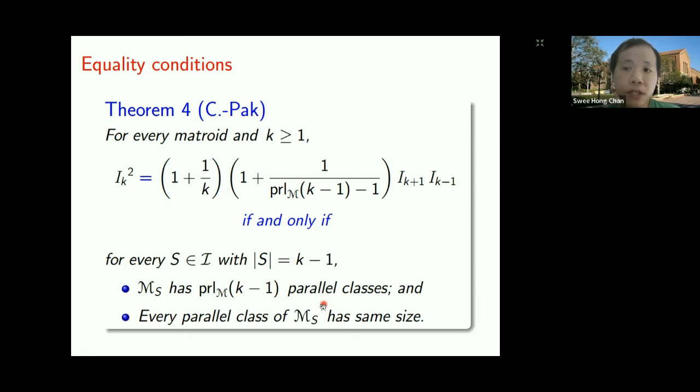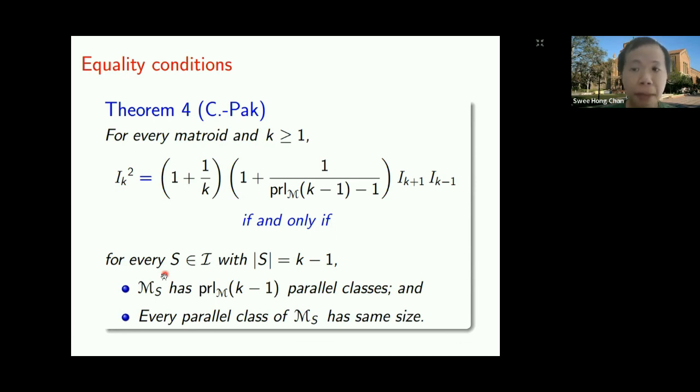And it turns out that to say a matroid is as symmetric as possible is the same as saying that first, if you contract the matroid by any independent set of size k minus 1, all of these contracted matroids have the same number of parallel classes.